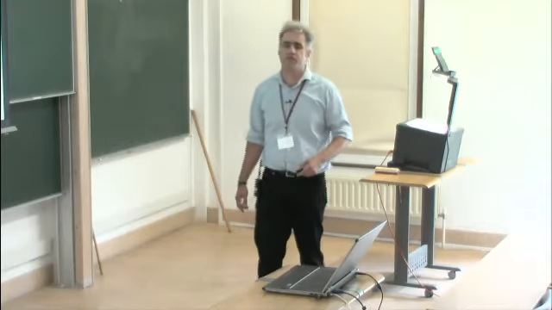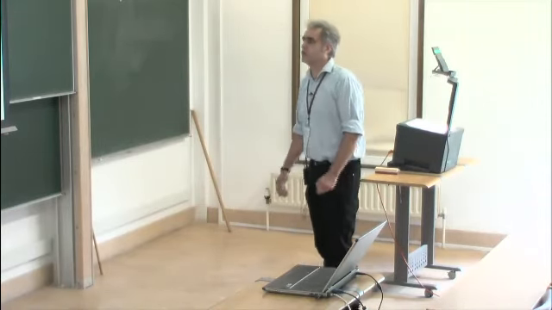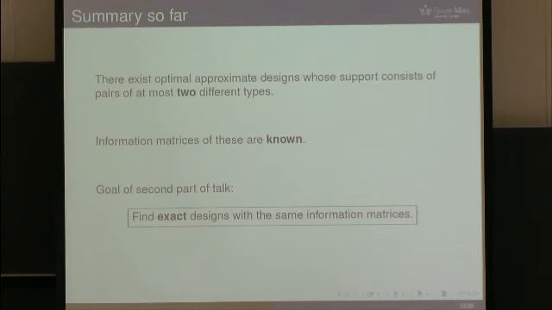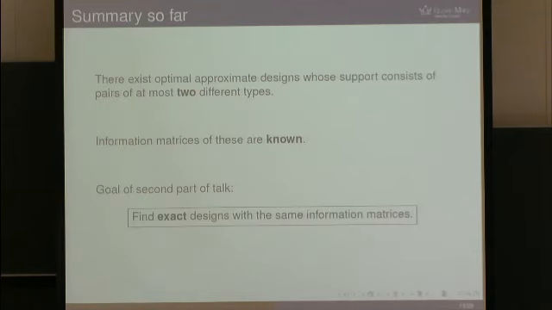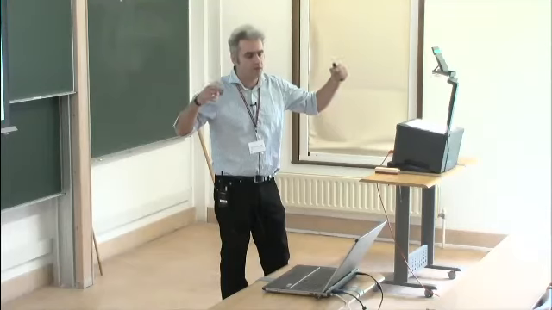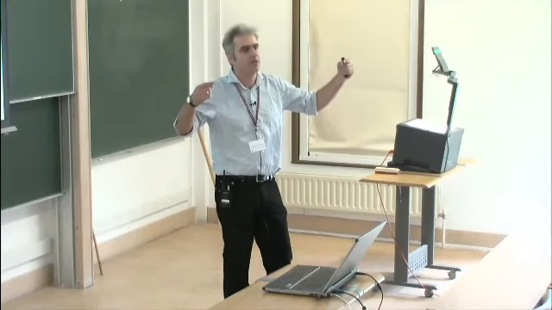I can only give a flavor about what is going on here, because otherwise I would need much more time. As a motivation, you see here in the information matrix we have many zeros, these off-diagonal blocks of zeros. Now, if we want to define an exact design, I'm going to construct the design in terms of the design matrix X, and later on reverse the coding.